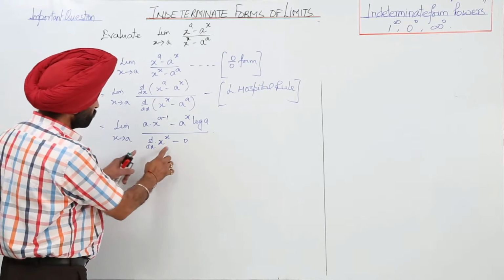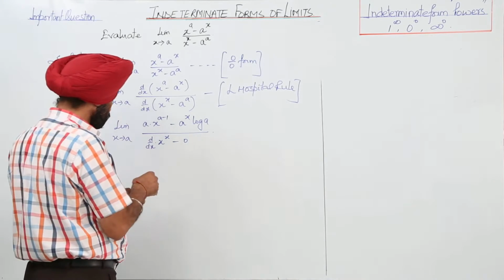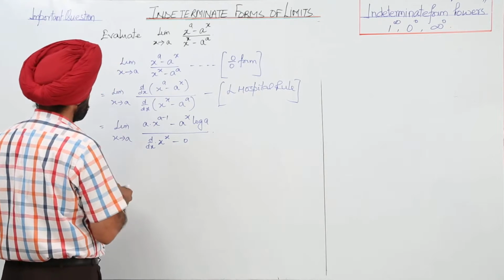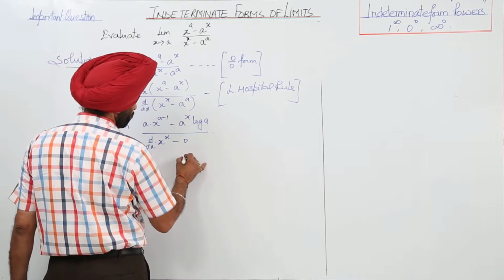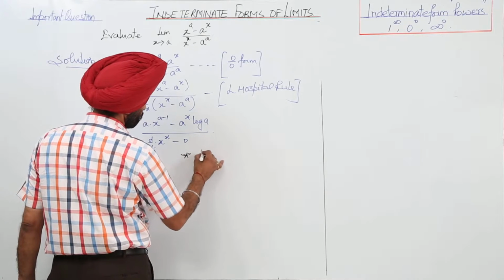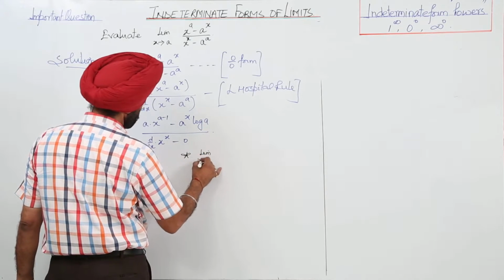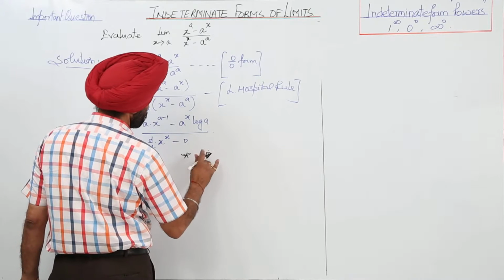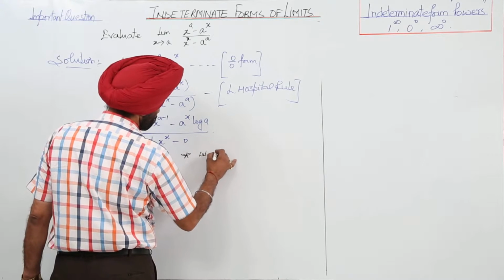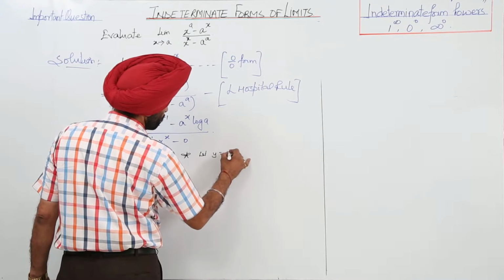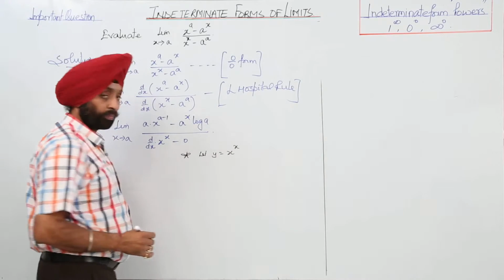Now what to do for this part? Okay. So what we will be writing now? Limit x approaches a, we can directly write let y is equal to x^x.